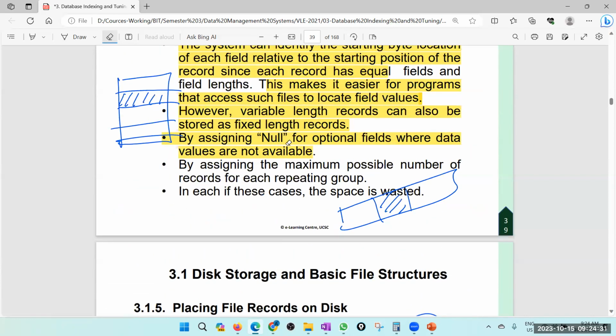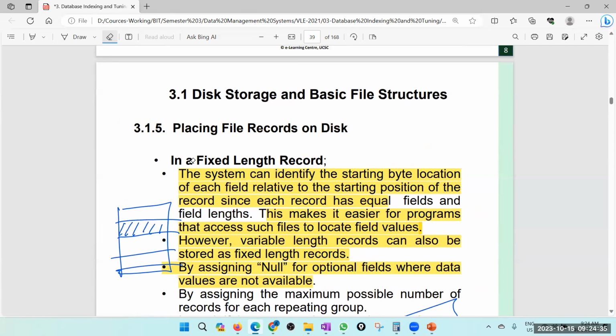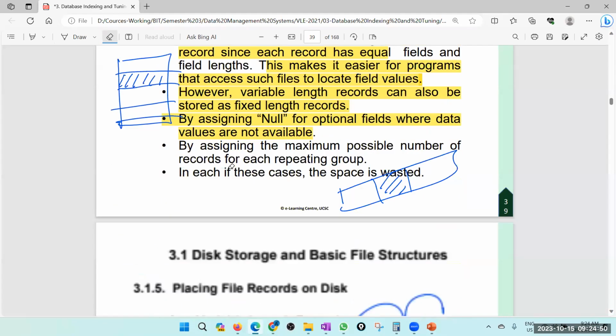Because it's fixed length, we still have to mark it. We have to take that width, but there's no value there. So therefore we have to say it's a null value.